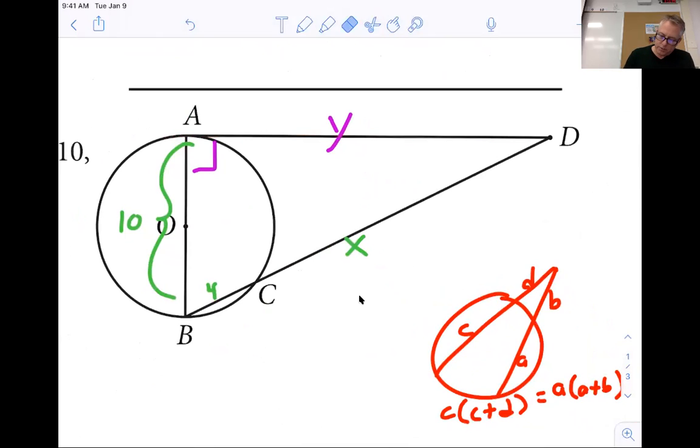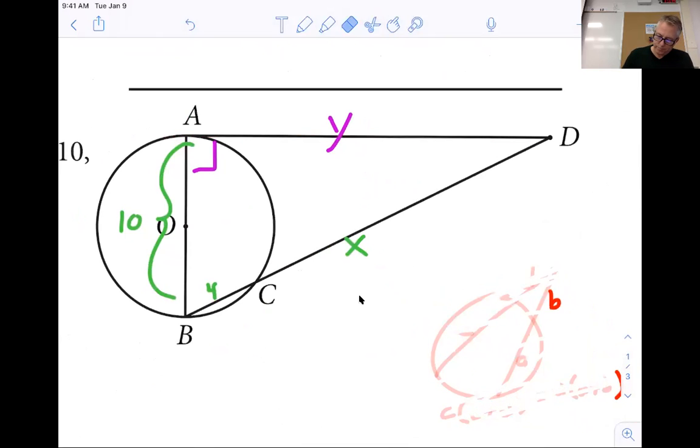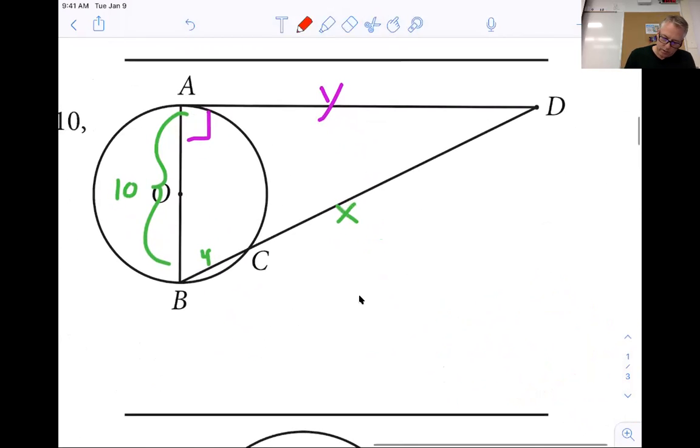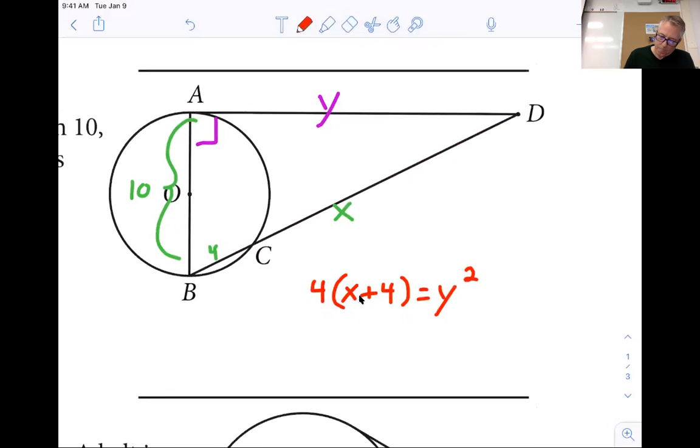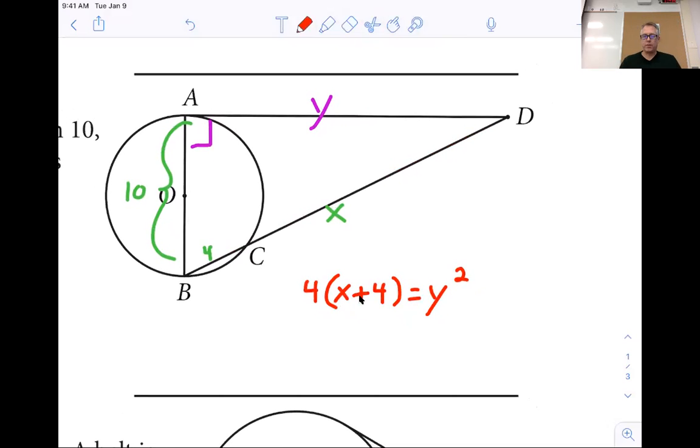So what happens is we get 4 times 4 plus x is equal to y times y, or 4 times x plus 4 is equal to y squared. Okay, so that's another one of those rules to tuck away.